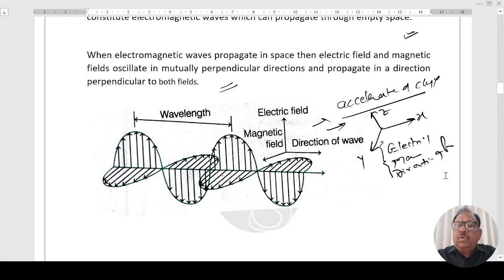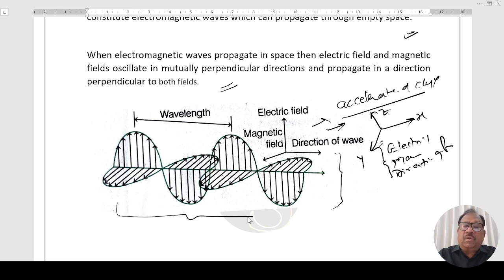Graphically, it is shown here. This is the electric field vector, this is sinusoidal. Then this is the magnetic field direction. And direction of propagation is along x-axis. It has been shown graphically also.